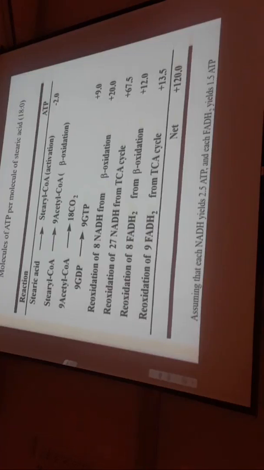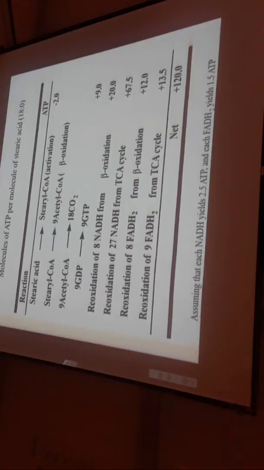We do this using stearic acid as an example. First we have to invest 2 ATP equivalents. Why? I told you that before. We have to activate the fatty acid.